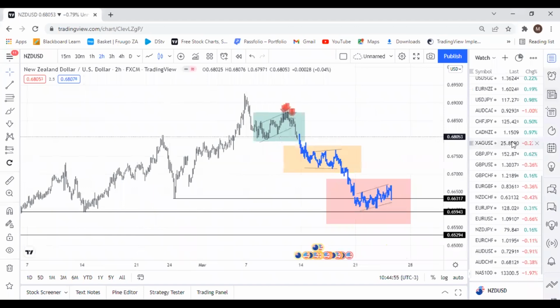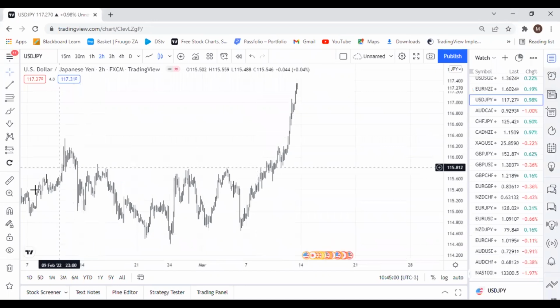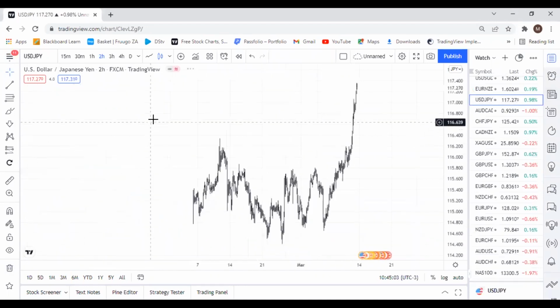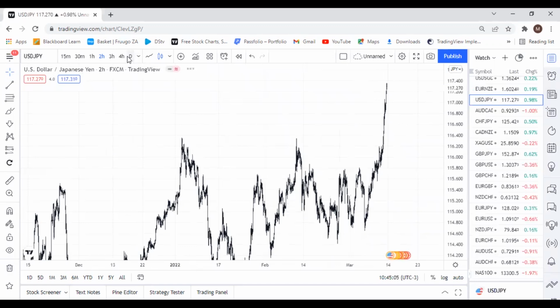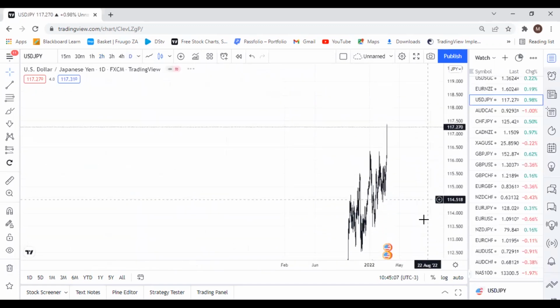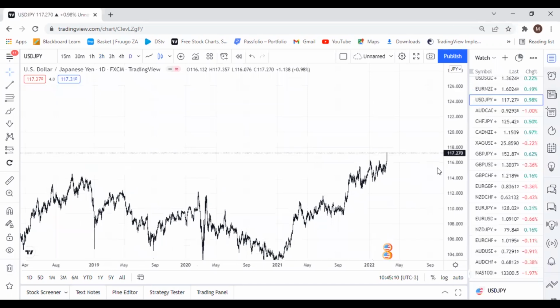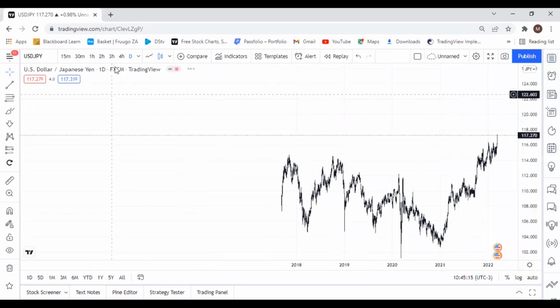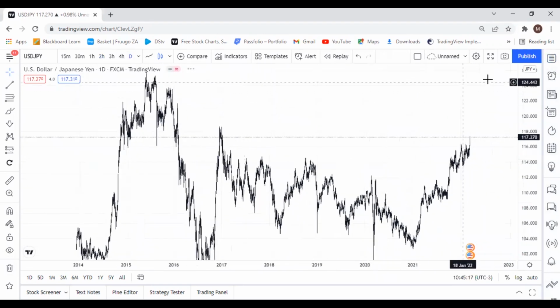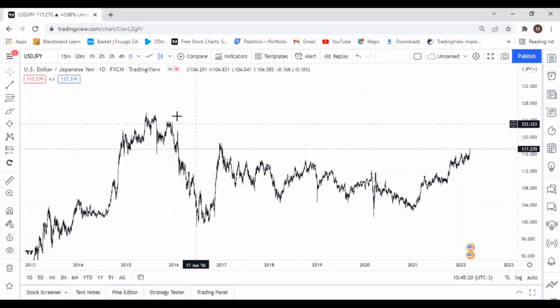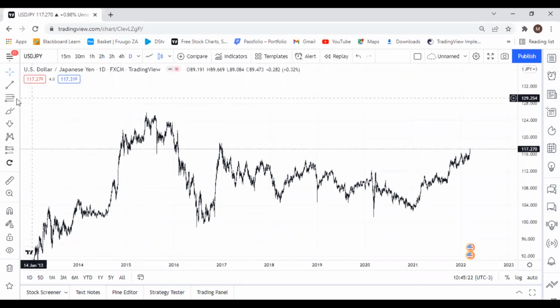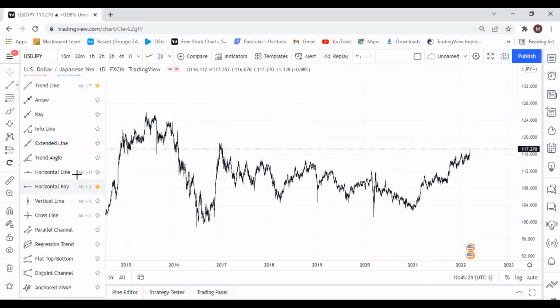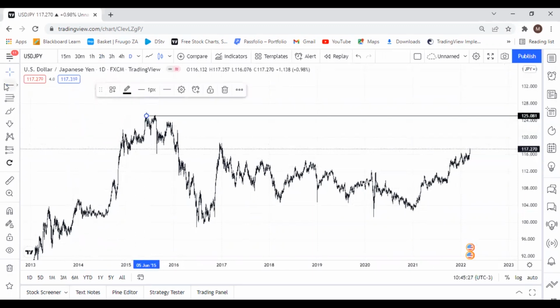Okay, so this is what we're looking at. I'm quickly gonna put those significant levels, the resistance, the support, and so on.